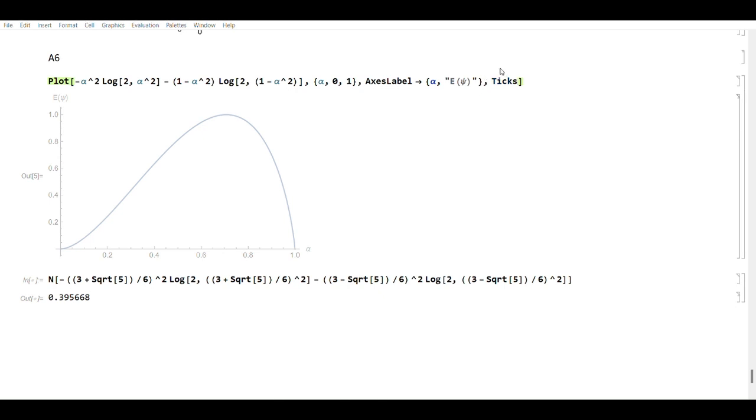Let me put the, what's that called, ticks, I think.